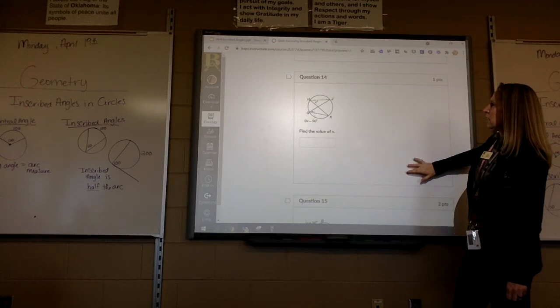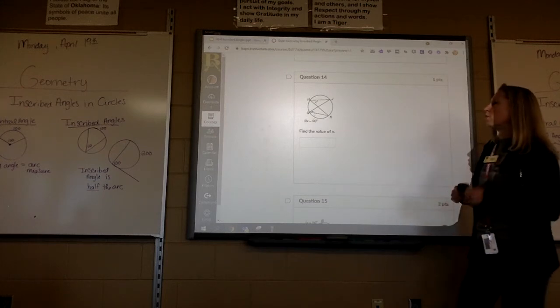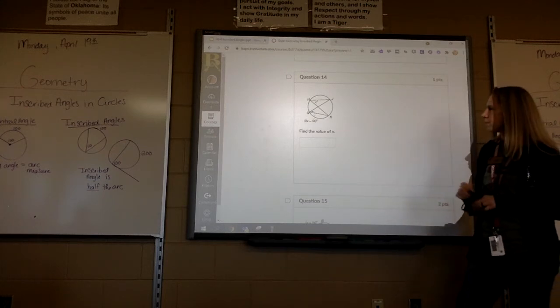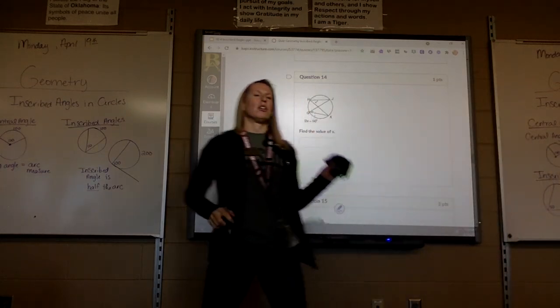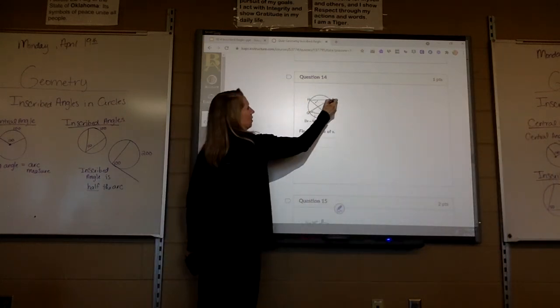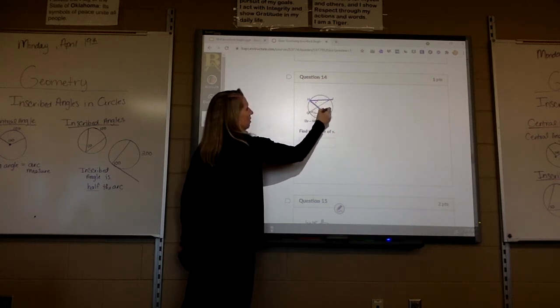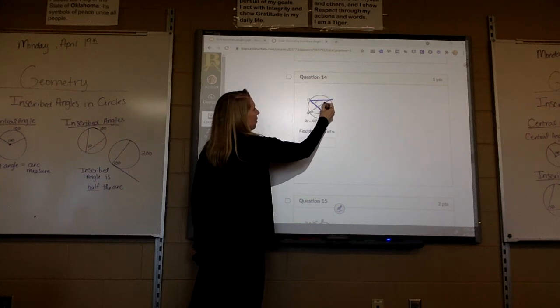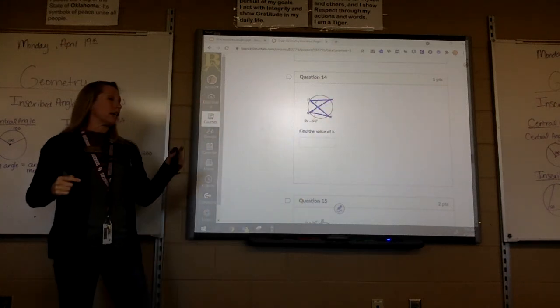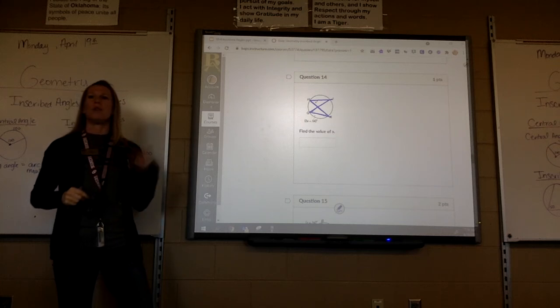Let's see. Look at question 14 real quick. So I have 2 inscribed angles that intercept the same arc. So I have this angle that intercepts JK, and then I have this angle that also intercepts JK. So two inscribed angles that intercept the same arc equal each other.